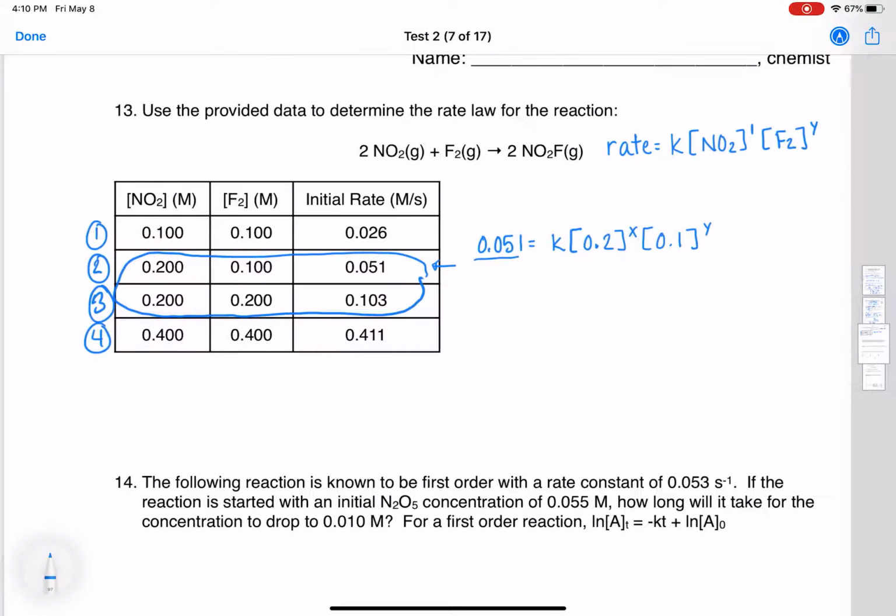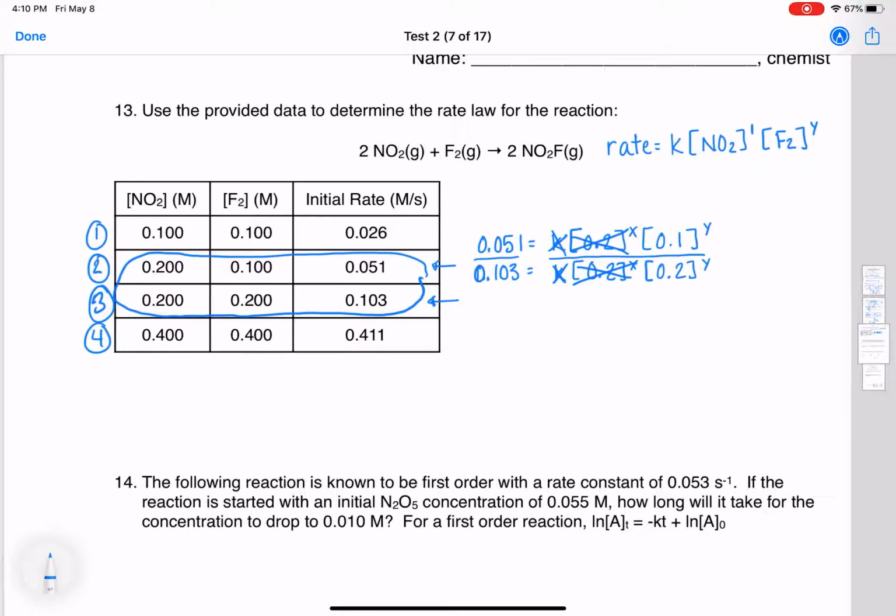And we're going to divide all of that by the data for number 3. So in there, the rate is 0.103. That is equal to the rate constant k, the concentration of NO2, 0.2, again to the x, and the concentration of F2, 0.2 to the y. And then we say k is a constant, it cancels, and 0.2 to the x divided by 0.2 to the x will also cancel.